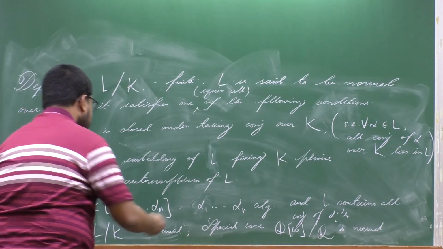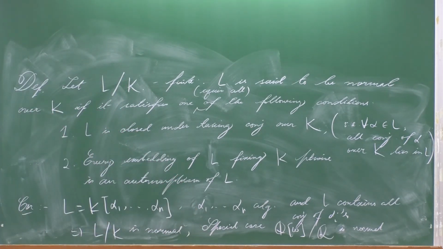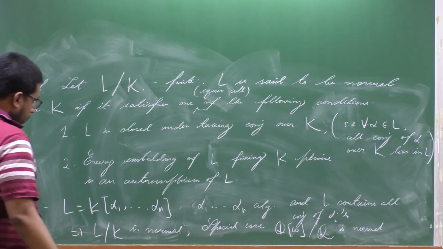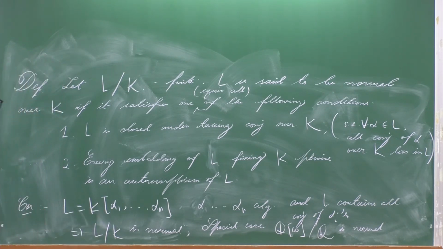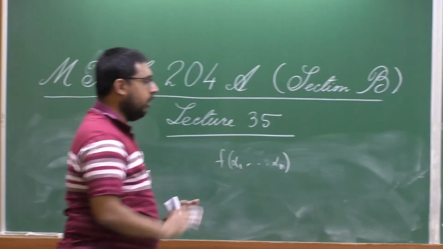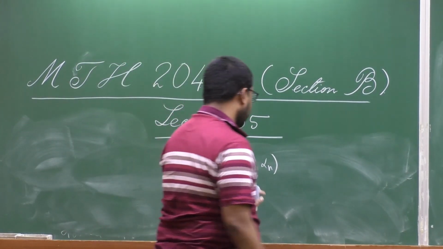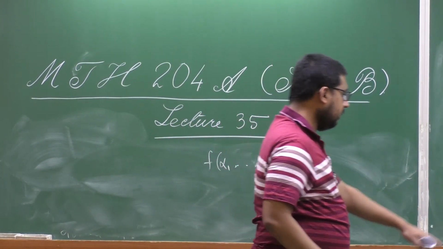Now how to prove this? This is just a one liner proof, and with that I will finish. What's the typical element here? It looks like a polynomial in alpha_1 up to alpha_n, and the coefficients are coming from k.